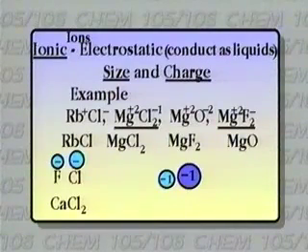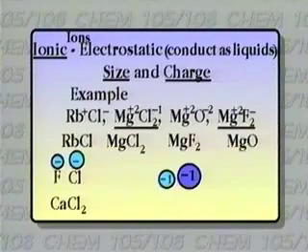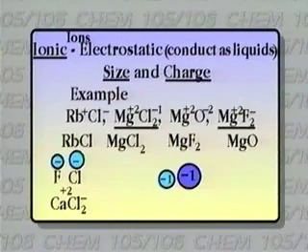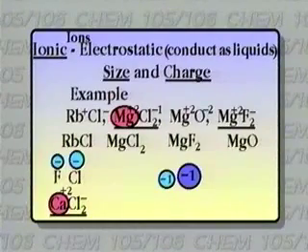Where would we predict that it would go? Well, we see that as far as the charge, it's the same as the magnesium chloride, but what's the difference between the calcium and the magnesium in this case?